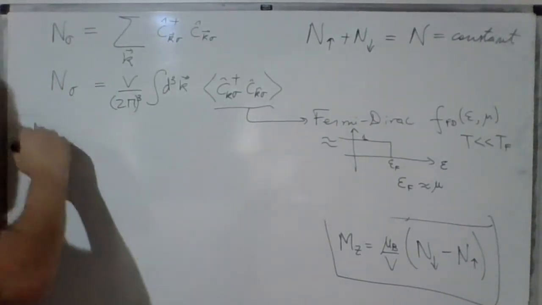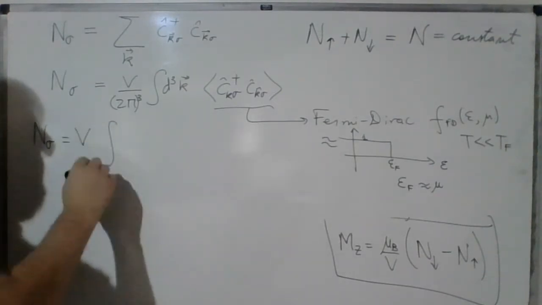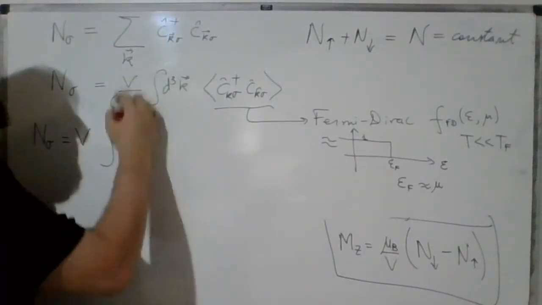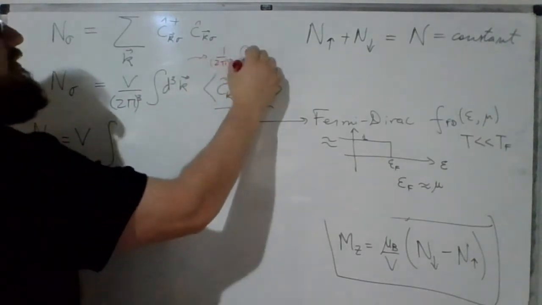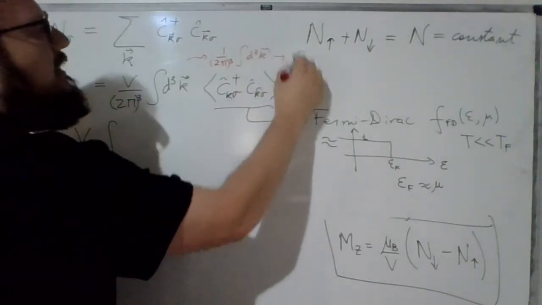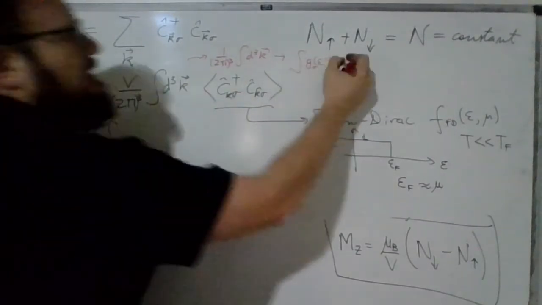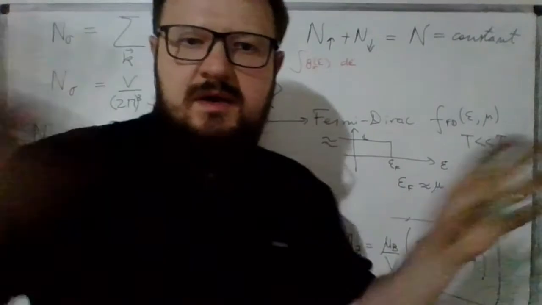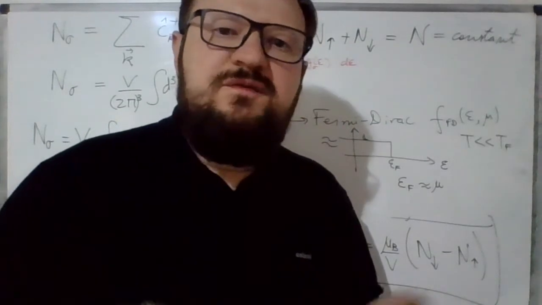And therefore, the number of spins would be approximated by volume and an integral, because this object here we replace when we pick up together the 1 over 2 pi cubed, integral over d3k. We replace this by an integral over the density of states for that spin times dE, replacing it by an integral over energy. It is possible because your energy states have spherical symmetry.